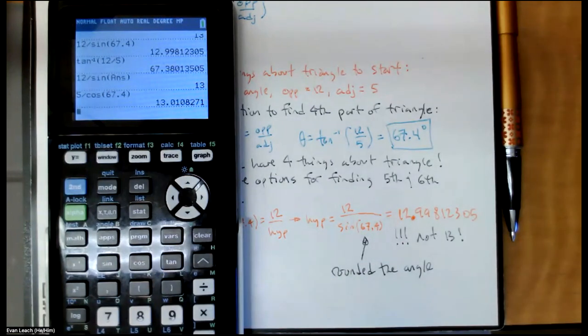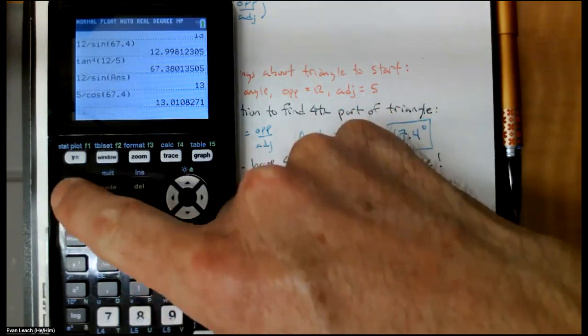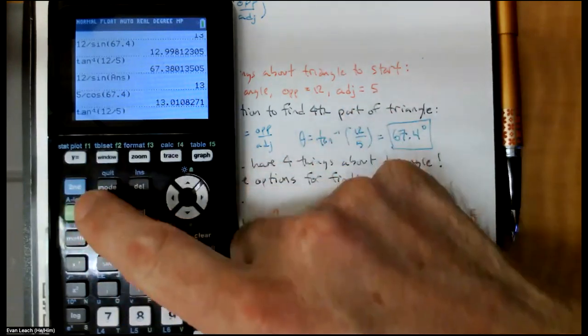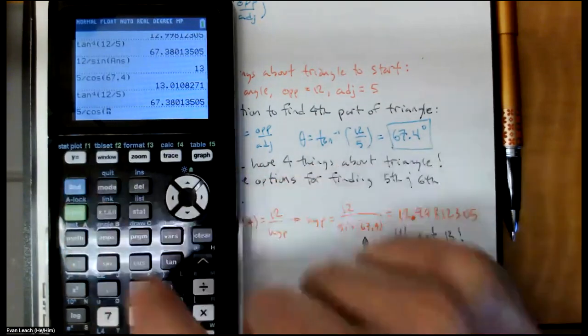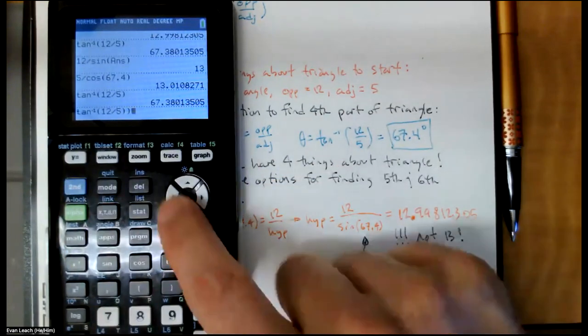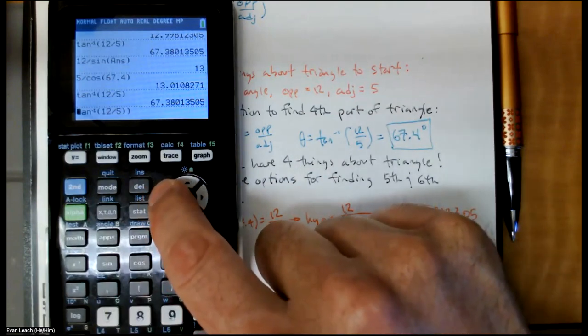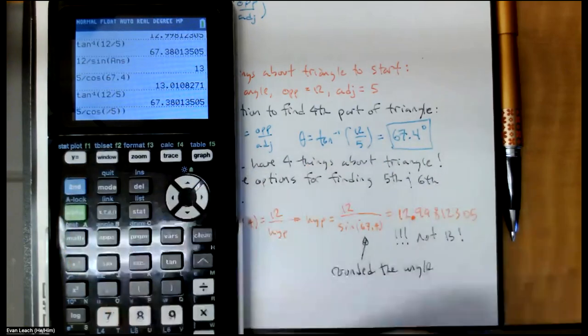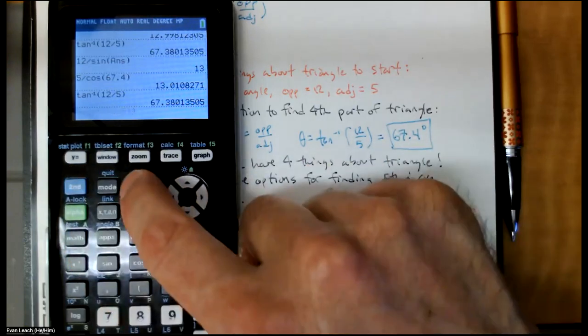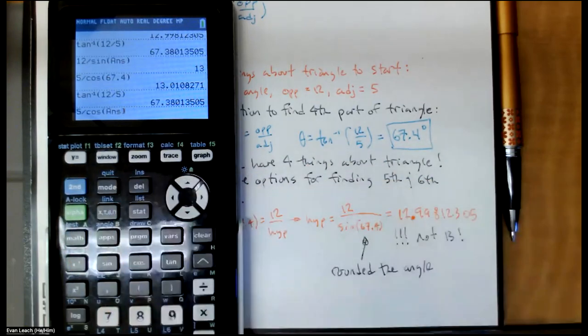I'm a little off the other way because the 67.4 has been rounded. But if I use unrounded information and then do 5 divided by the cosine of that angle, then we land exactly on 13.